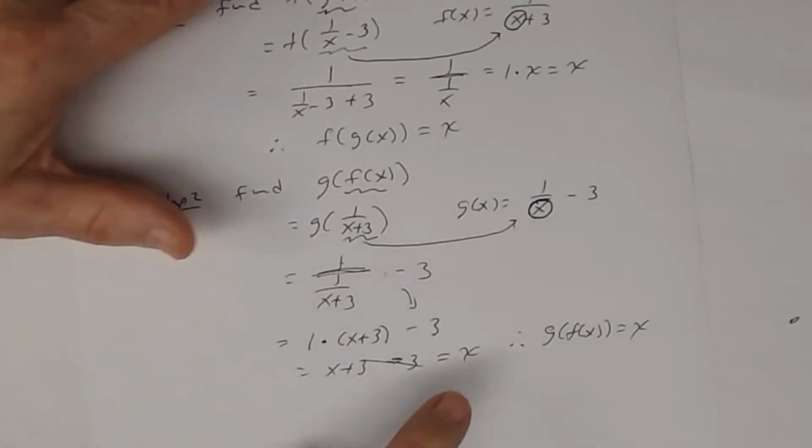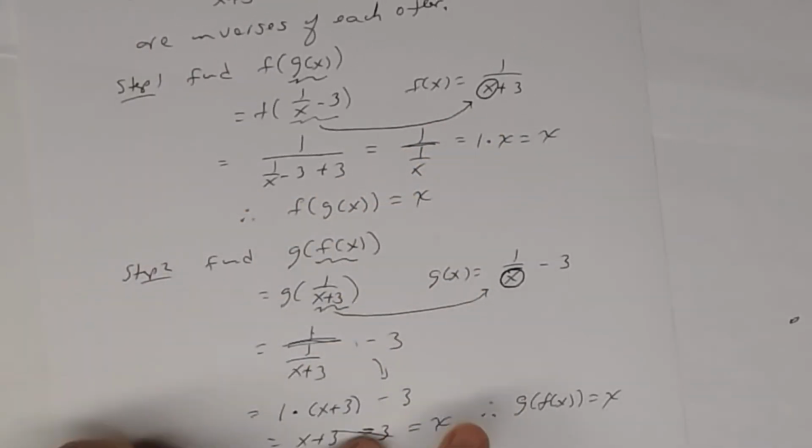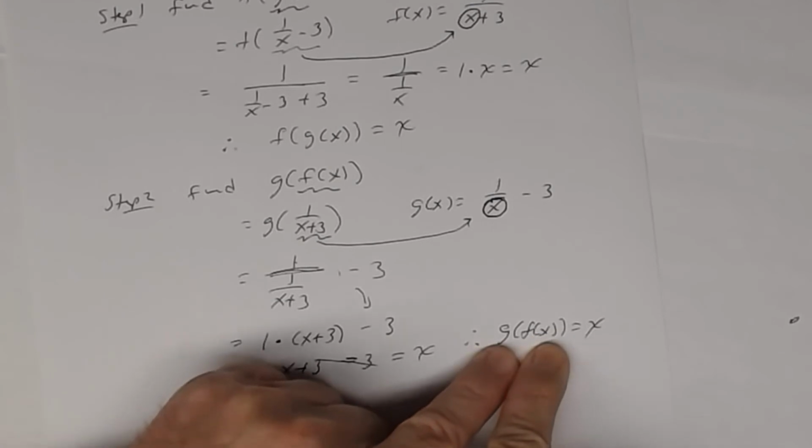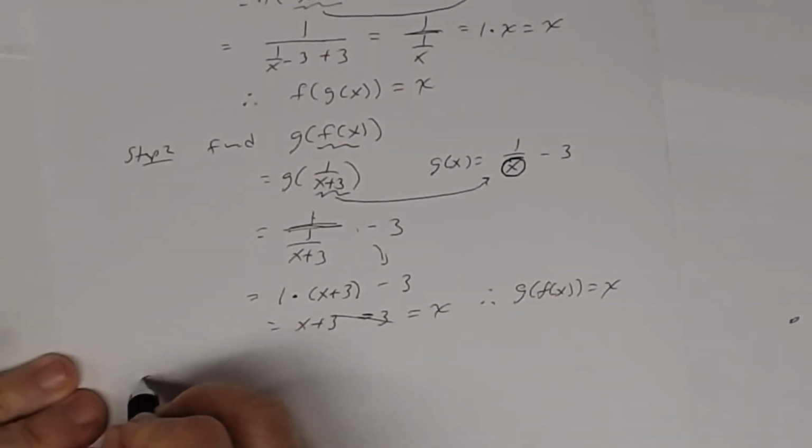I want you to notice that in step 1, f of g of x, and in step 2, g of f of x, are both equal to x. So now we can say this.